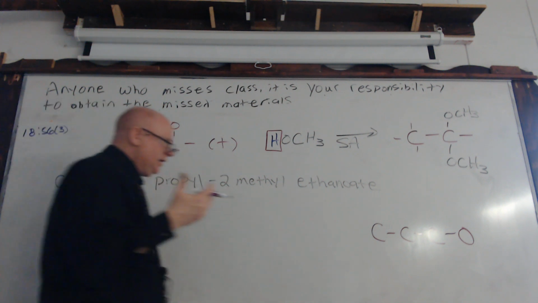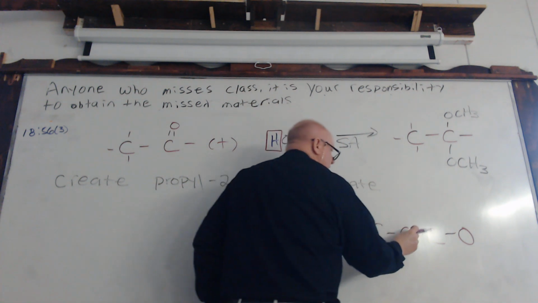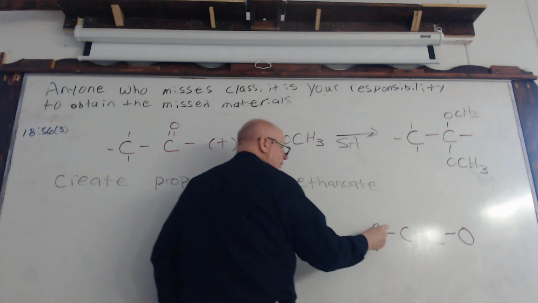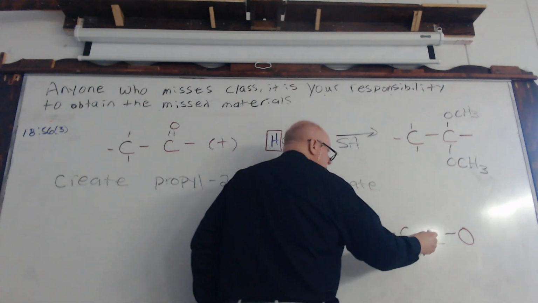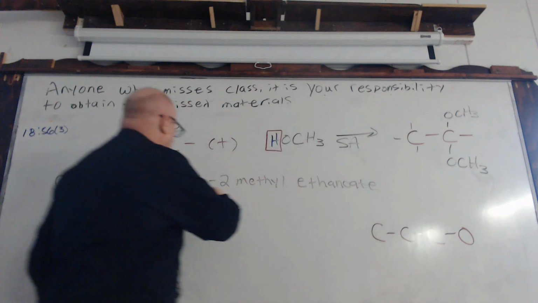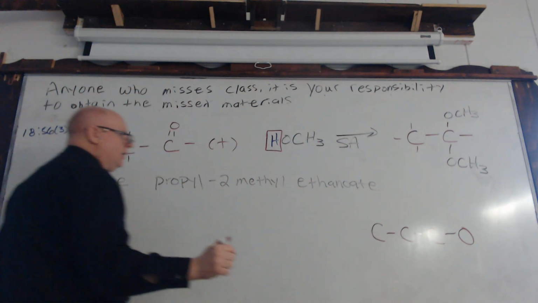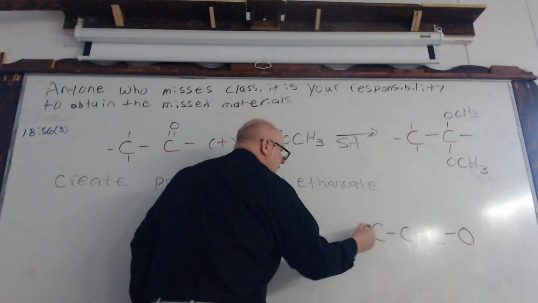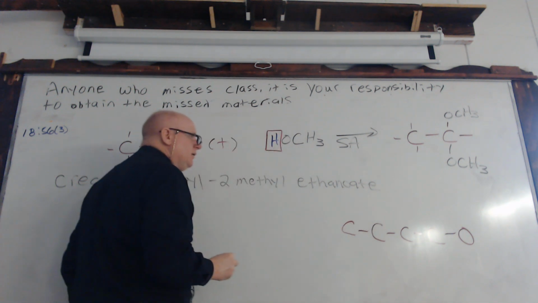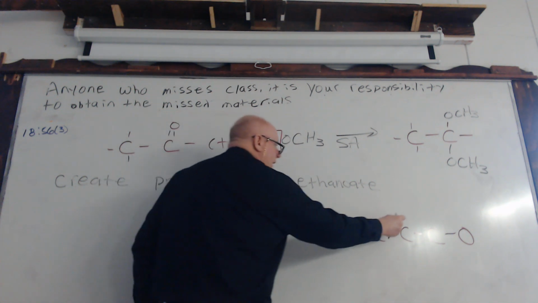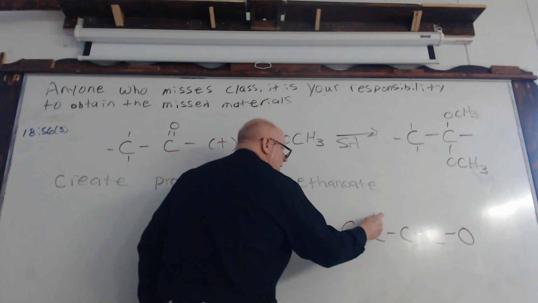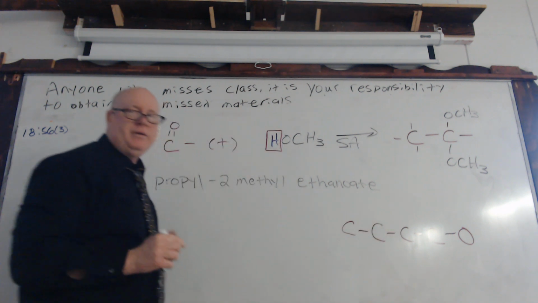But since this is an odd number, it doesn't matter if we started here or if we started here. But if this was going to say butyl 2-methyl ethanoate, well then that would make a difference, okay? It would go on this carbon, not that one. Why would that be though?